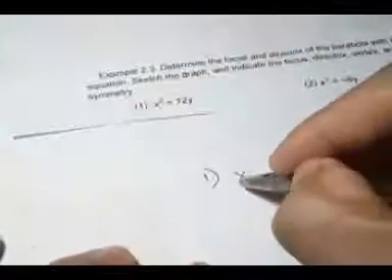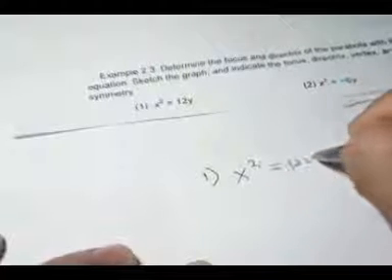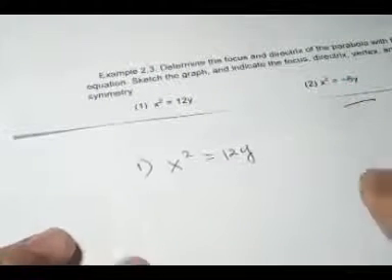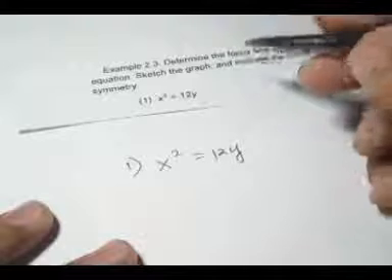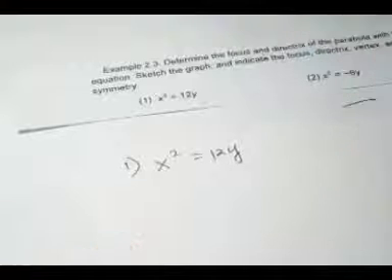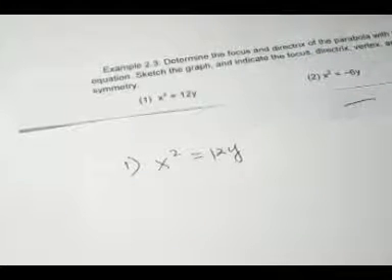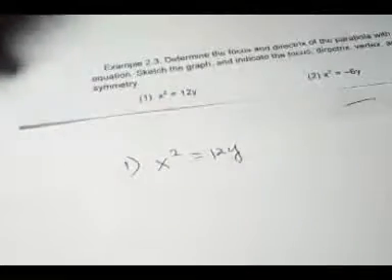For number 1, we have x squared equals 12y. Take note, this belongs to form 1. Take note of the equation with its corresponding standard form of the equation.